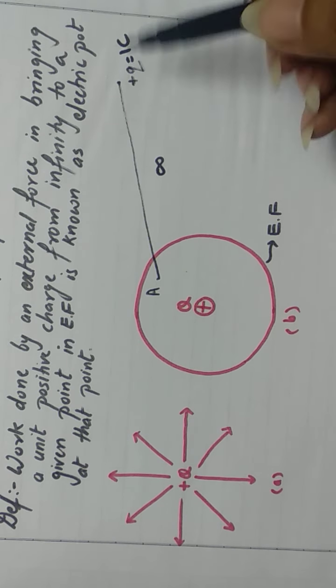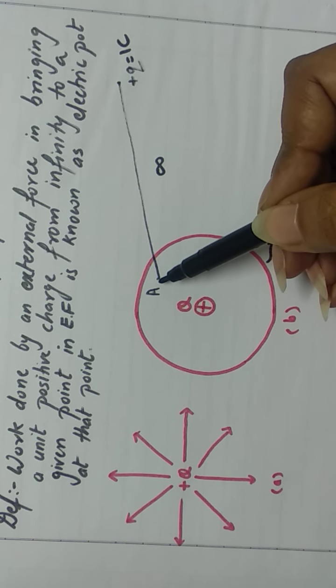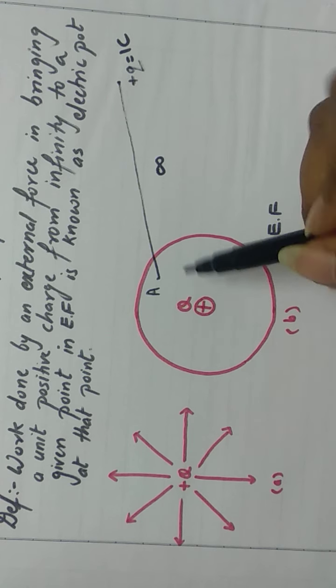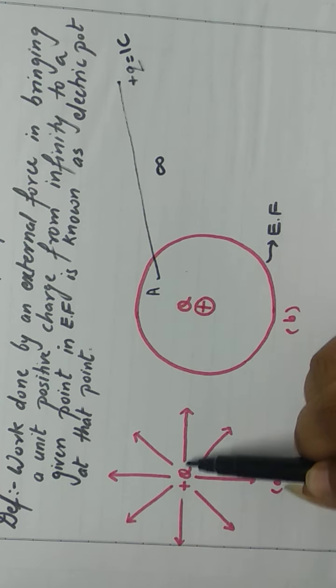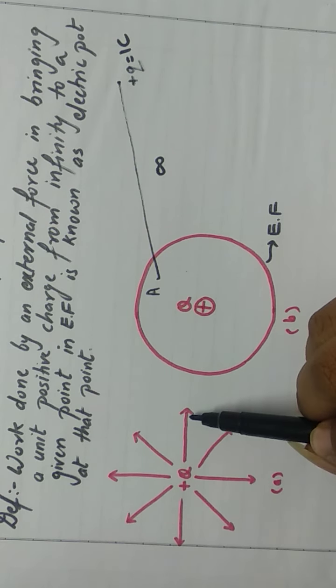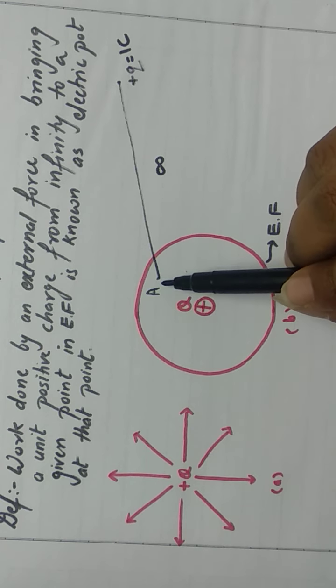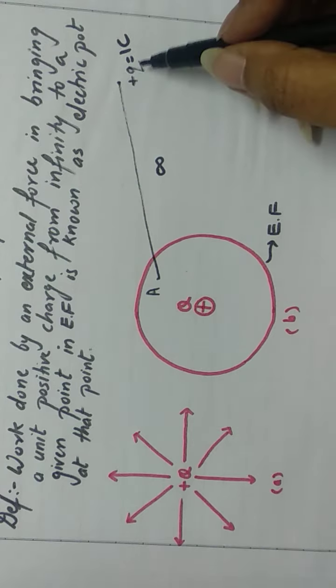Now just see, this is a positive charge and this also is a positive charge. So ideally you cannot bring this positive charge simply to this point, as this positive charge will be applying a repulsive force. The electric field due to this will be applying a force in this direction on this charge.